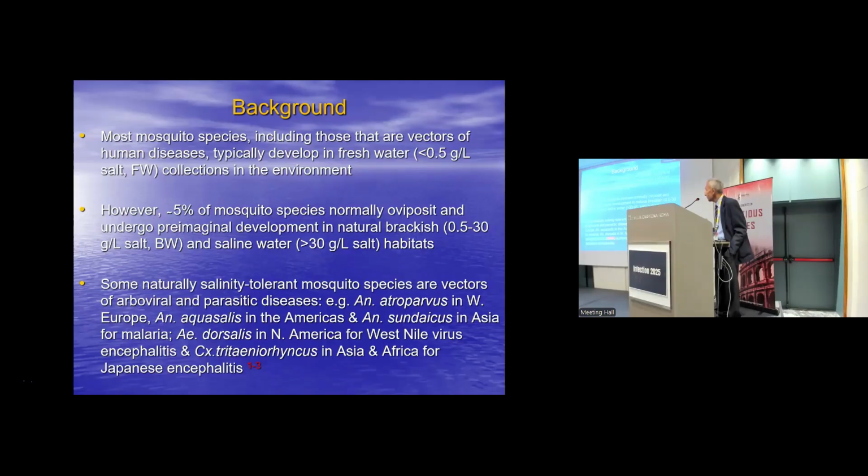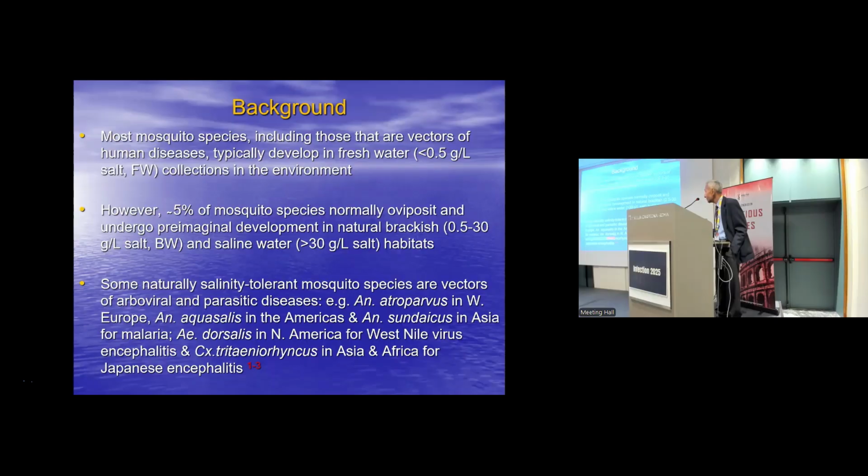They include, for example, Anopheles atroparvus in Western Europe, which was the vector of malaria in Holland and Britain not so long ago, less than 100 years ago. Anopheles equisalis in the Americas, which still is a transmitter in the Caribbean and South America. Anopheles sundaicus in Asia, a transmitter of malaria in Southeast Asia.